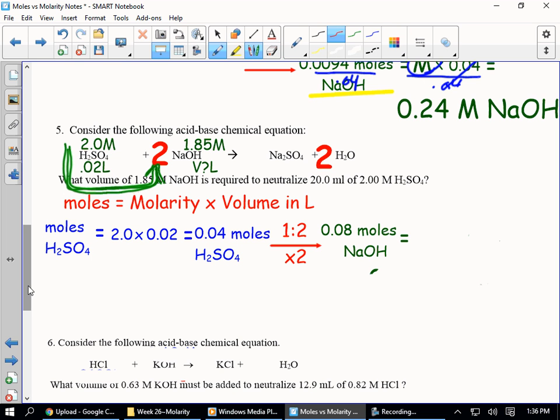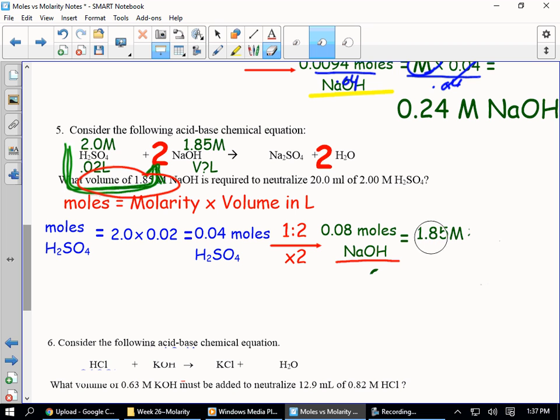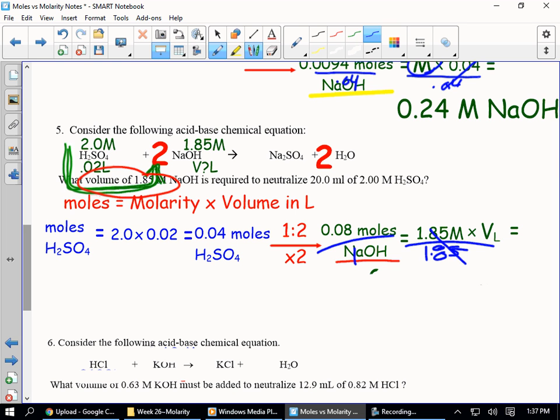Now the question here says what volume of our NaOH. So if I have moles of NaOH, I have the molarity of the NaOH, and I'm looking for the volume of NaOH, all I have to do is divide this by 1.85, get it by itself.